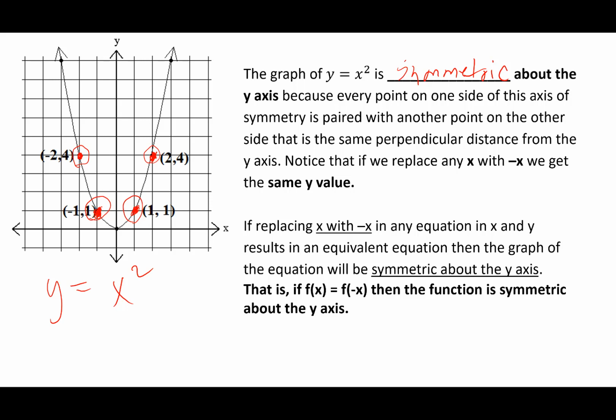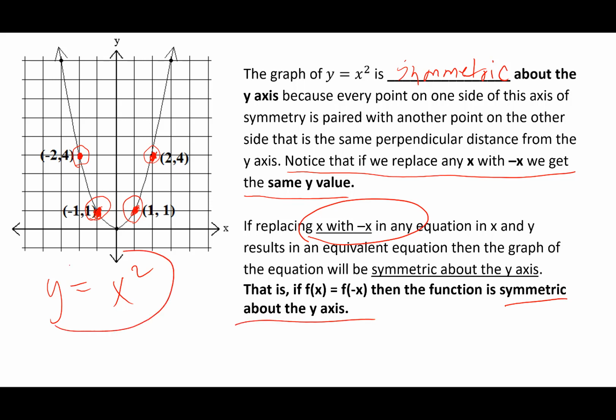So notice if we replace x with negative x, we get the same y value. If replacing x with negative x in any equation in x and y, so not just this one, y equals x squared, but any graph, doesn't change the function, then the function will be symmetric about the y-axis.